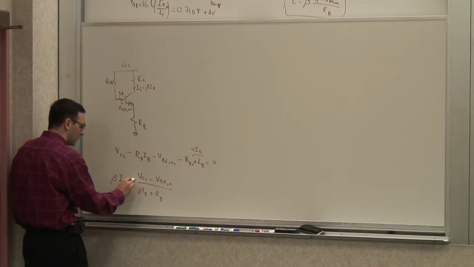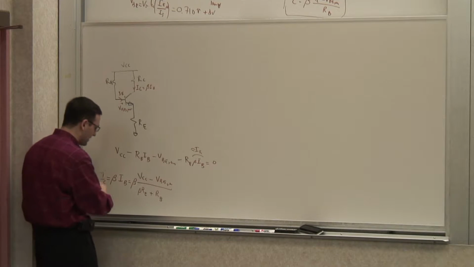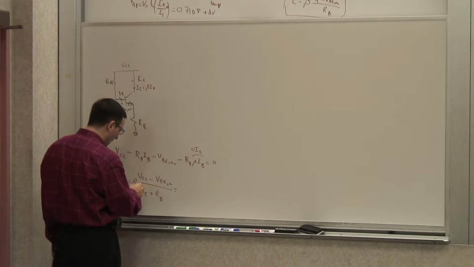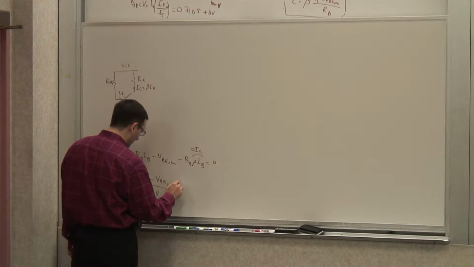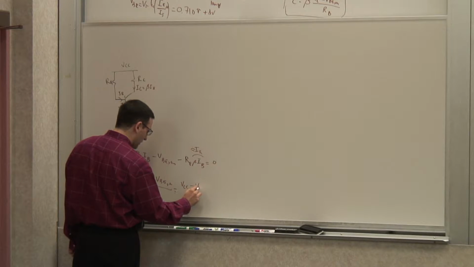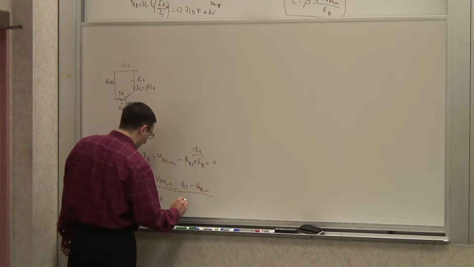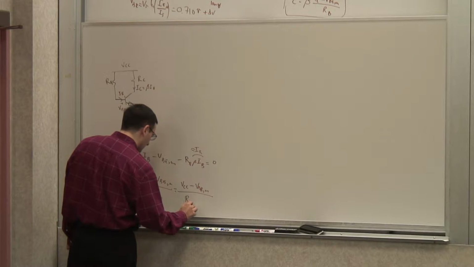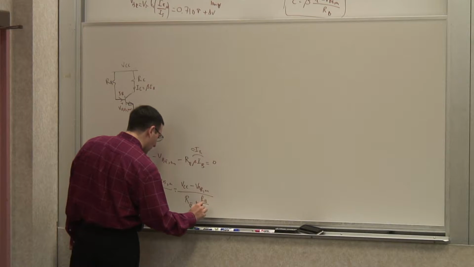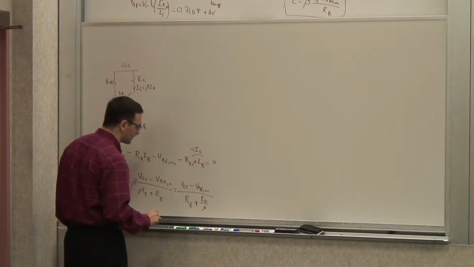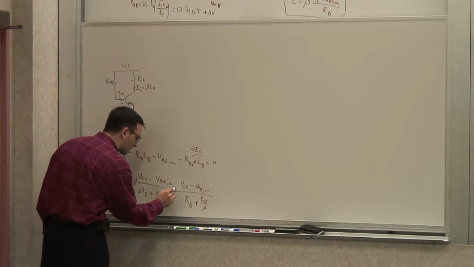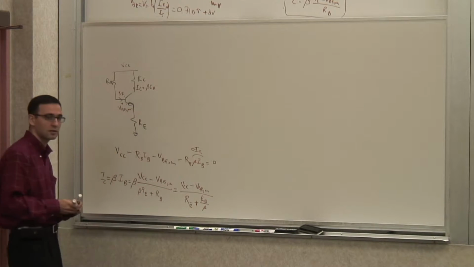So I can multiply by beta. Right? So IC is beta times that. So I can divide this denominator by beta. And then I get VCC minus VBE on divided by RE plus RB over beta. So that's my new expression for collector current.